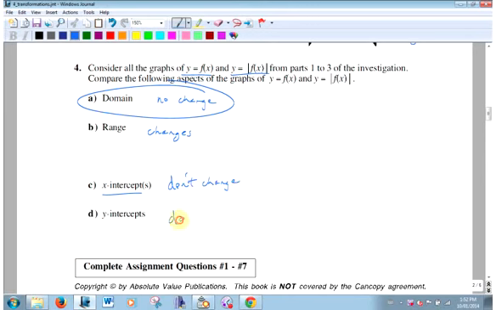Y-intercepts do change. If the y-intercept was positive, then it doesn't change. However, if it was negative, then it becomes positive, because we flipped it up.